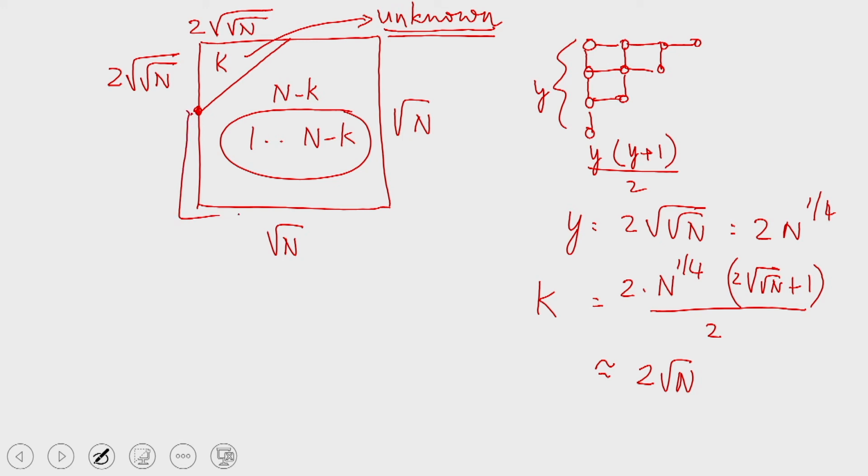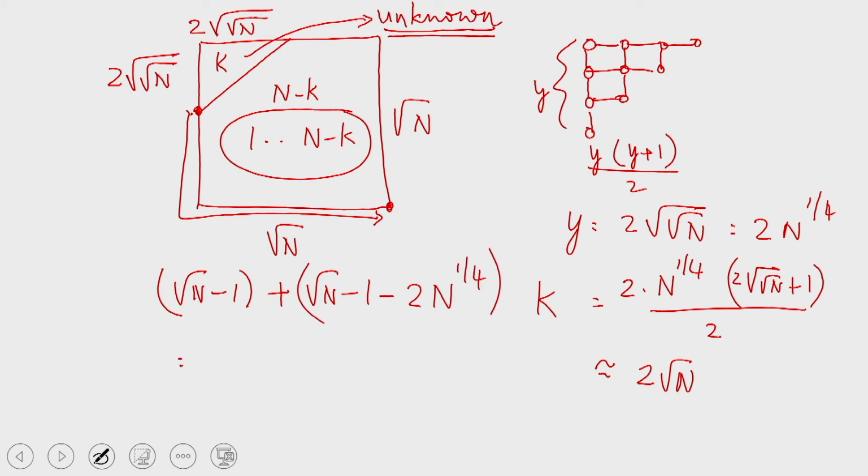The distance from this processor to the bottom right corner is going to be root n minus 1 horizontally plus root n minus 1 minus 2 n^(1/4) vertically.